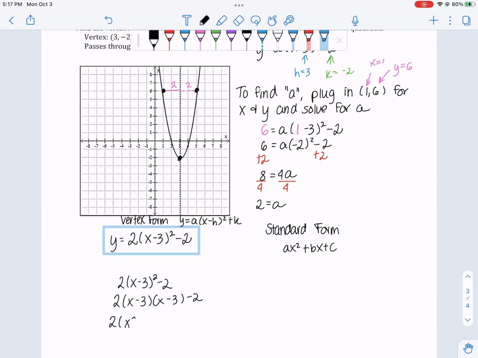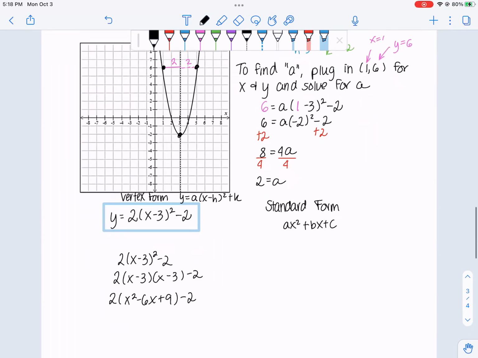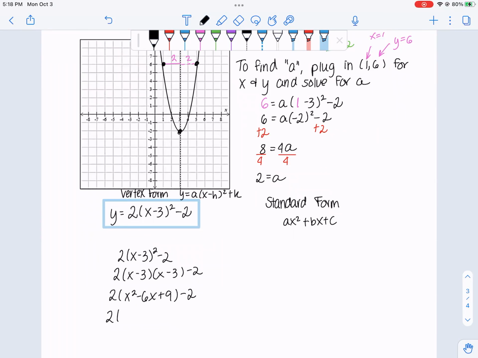So you'll have x squared minus 6x plus 9 minus 2. Distribute: 2x squared minus 12x plus 18 minus 2. 2x squared minus 12x plus 16.